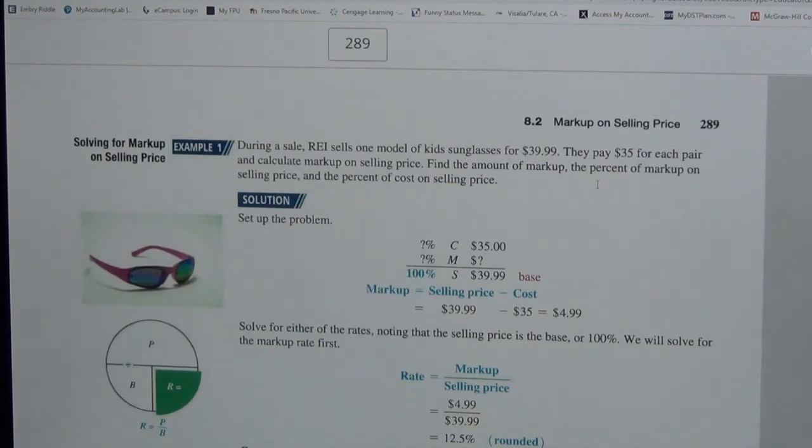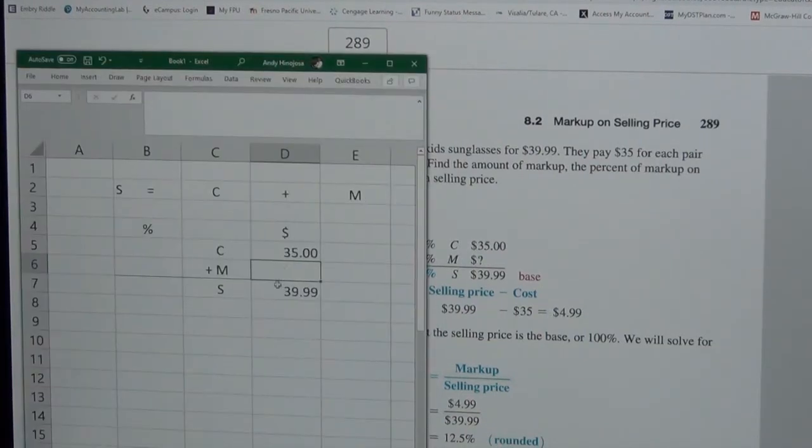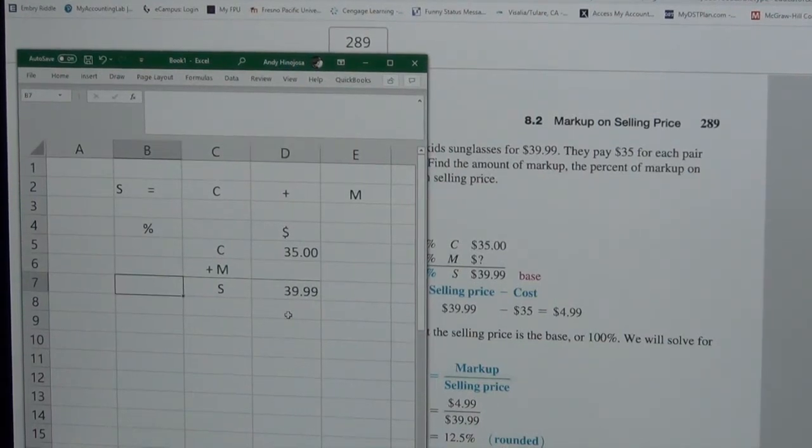Find the amount of markup, the percent of markup on selling price, and the percent of cost on selling price. So we just have to fill in the blanks here. What do we know? The base now is 100%. This is the base, not the cost, but the selling price. They told us that in the problem.